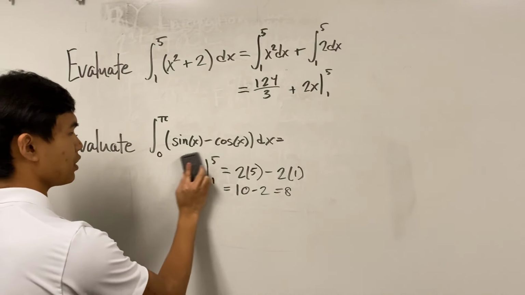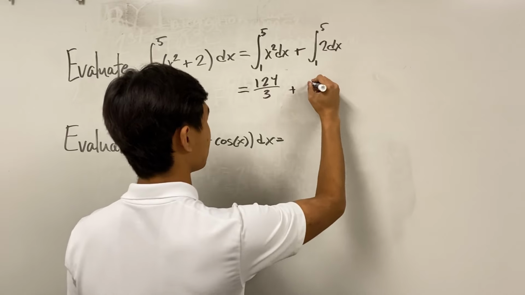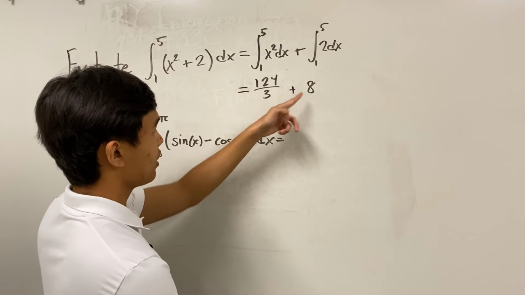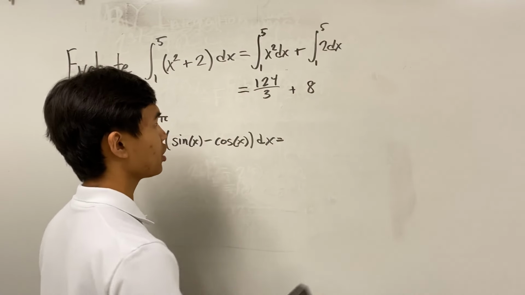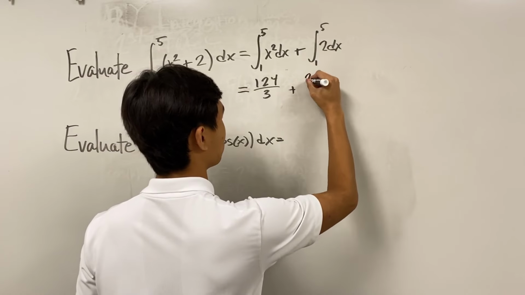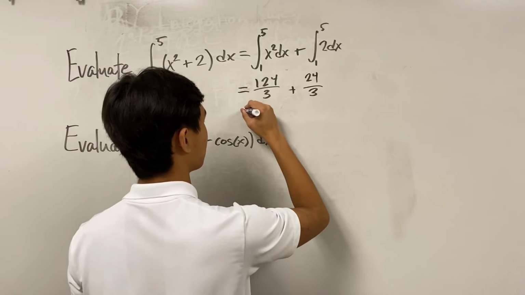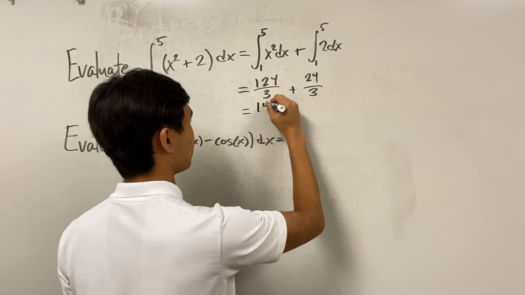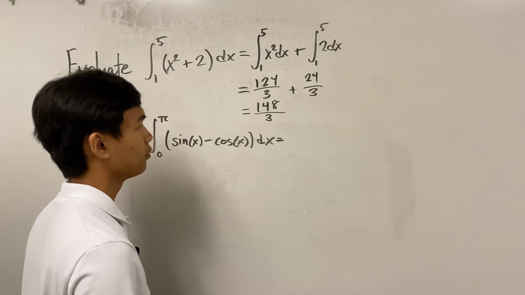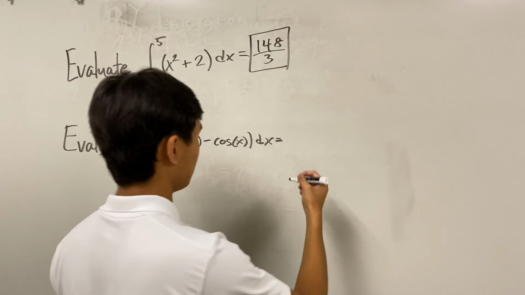So we can go ahead and substitute that for 8. And then I'm going to make this a fraction over 3, so we can add them easier. And this is 148 over 3, which is not reducible.